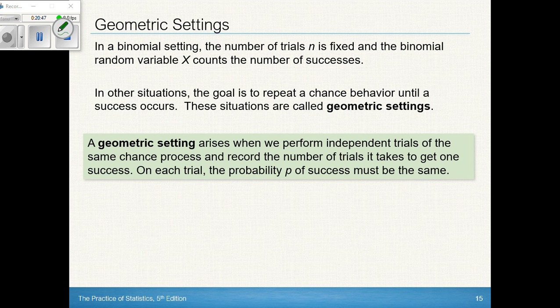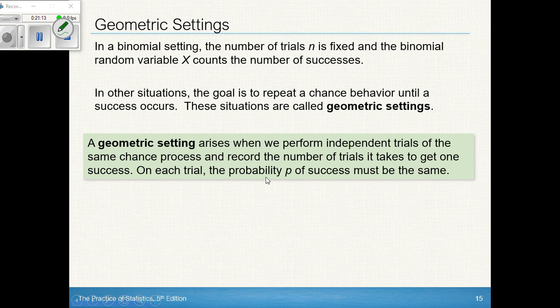My shots, if we consider them to be independent, I'm going to continue to shoot until one goes in. Or maybe as I get a little older and a little better, I could continue to shoot until one doesn't go in, and now I'm calling a success missing the basket. So a geometric situation is when I record the number of tries it takes to get one success.